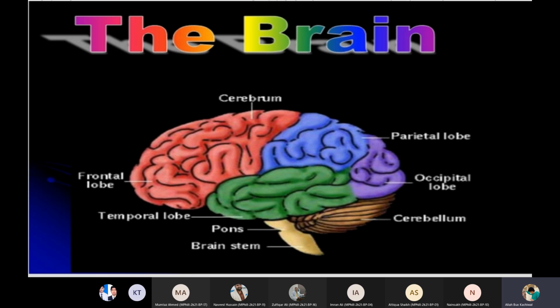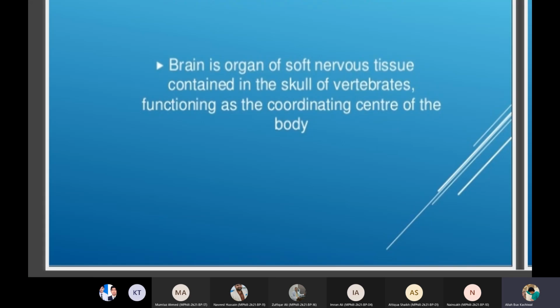So these are the parts of the brain: the frontal lobe, the occipital lobe, the parietal lobe, the temporal lobe, and there is a cerebrum, cerebellum, and pons and brain stem. These are the parts of the brain we have to discuss in detail.